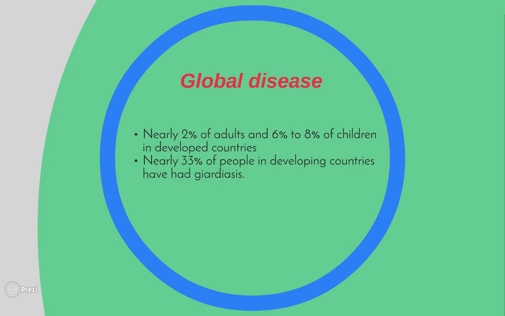Actually, I'm so sorry, nearly 33% of people in developing countries have had Giardia, but nearly 2% of adults and 6 to 8% of children in developed countries are at risk of getting it.